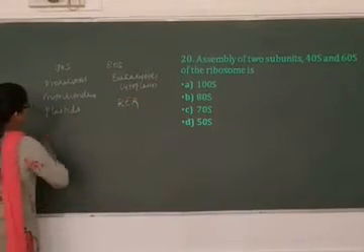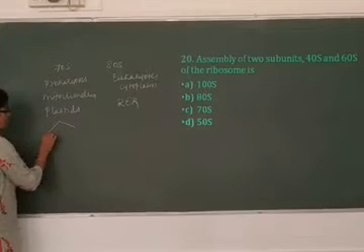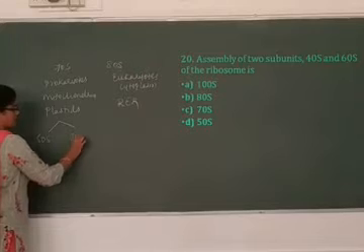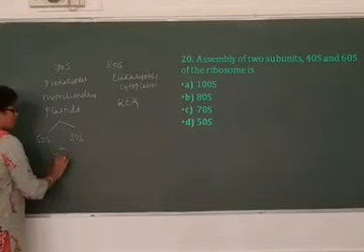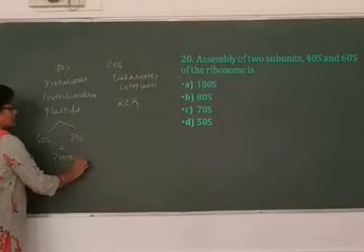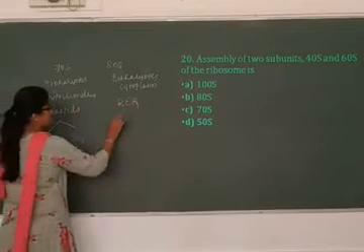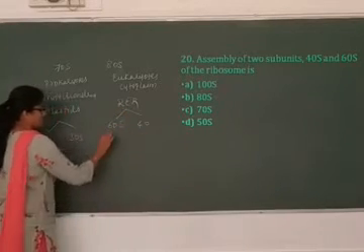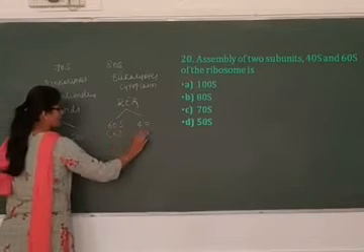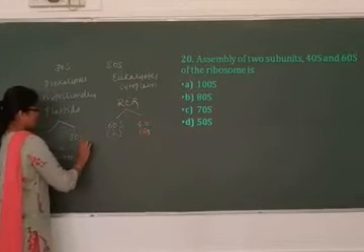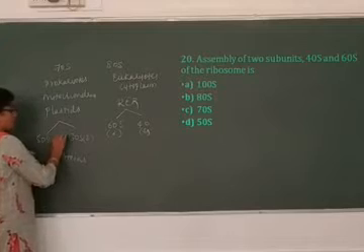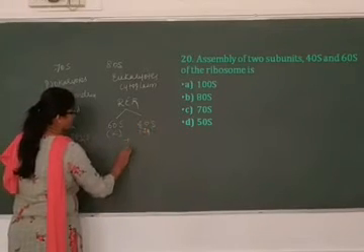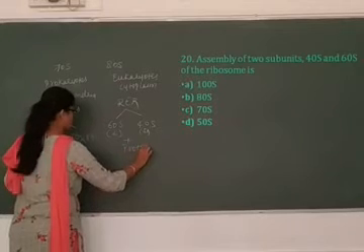So 70S ribosomes are composed of two subunits, namely 50S and 30S. Along with this, certain proteins will be present. Whereas 80S ribosomes are composed of 60S and 40S. This is a larger subunit, this is smaller subunit. Along with 60S and 40S, we have certain proteins.